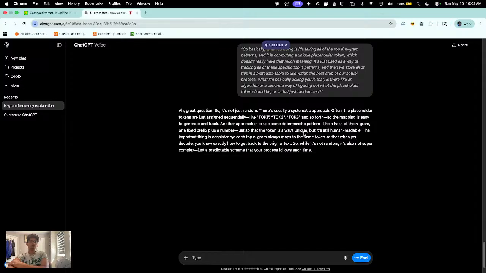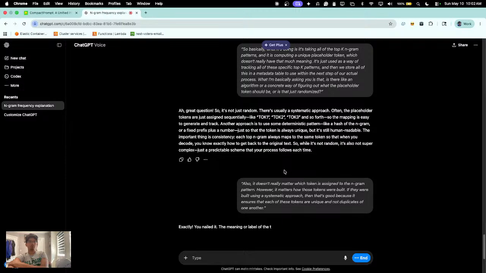Okay, so basically what you're saying is that it doesn't necessarily matter which token is assigned to the n-gram pattern. However, it matters how those tokens were built. If they were built using a systematic approach, then that's good because it ensures that each of these tokens is unique and not a duplicate of another. Exactly.